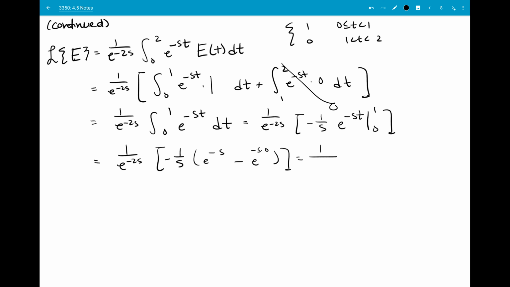So 1 over e to the minus 2s times negative e to the minus s over s plus e to the minus s times 0 is just 1, so 1 over s.